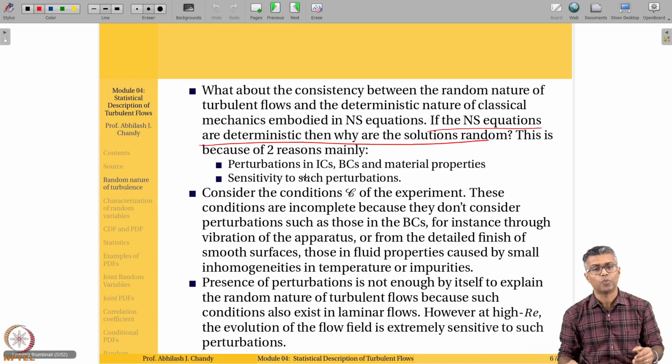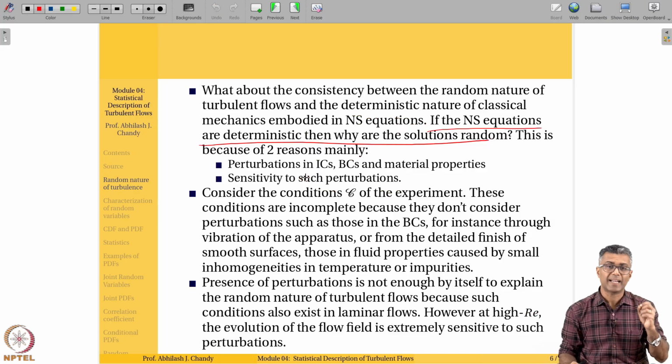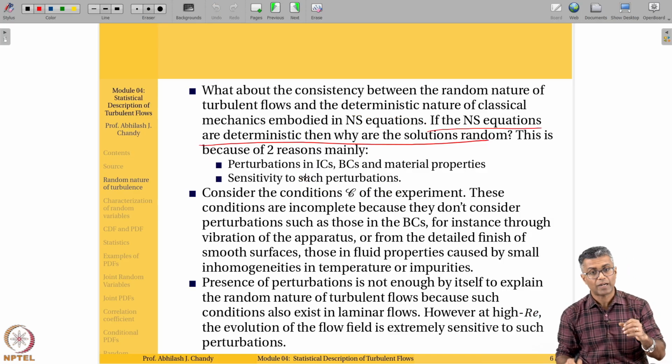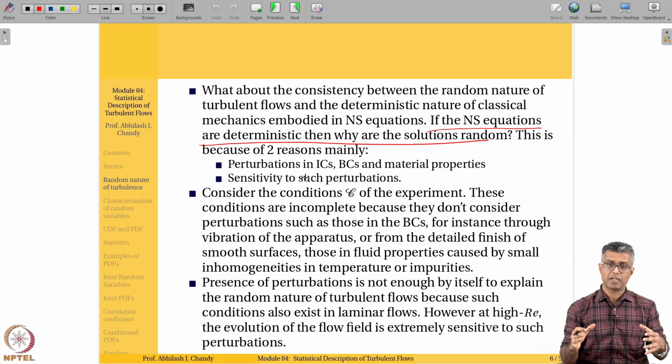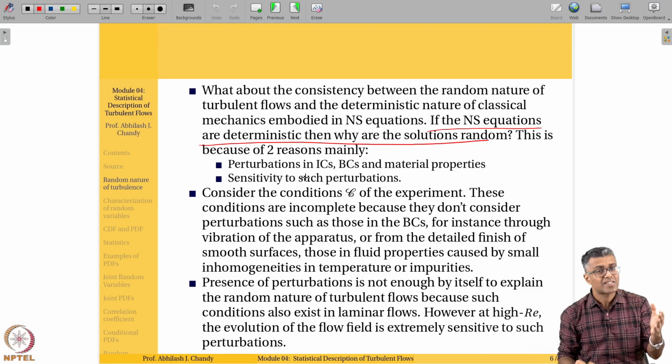It has to do with the boundary conditions and the initial conditions that we apply. From a solution of an equation perspective, it has to do with the initial conditions, the boundary conditions and the material properties. From a physical perspective, it has to do with the sensitivity to those conditions.